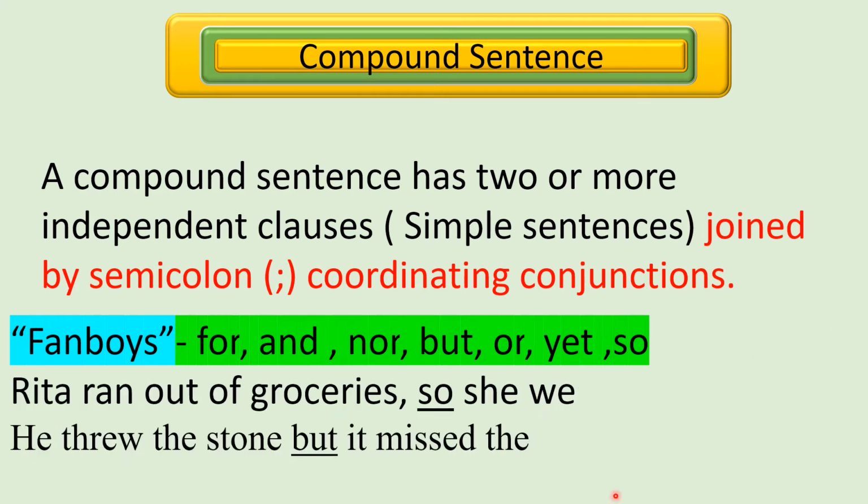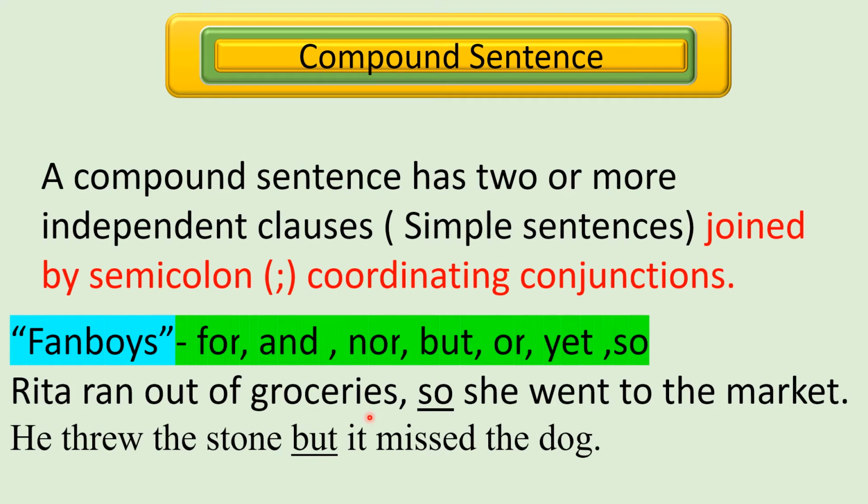Rita ran out of groceries, so she went to the market. He threw the stone, but it missed the dog. Fine, I have underlined the coordinating conjunctions. But what about this sentence? Let's understand. Does it have two independent clauses? Rita ran out of groceries. Yeah, complete.